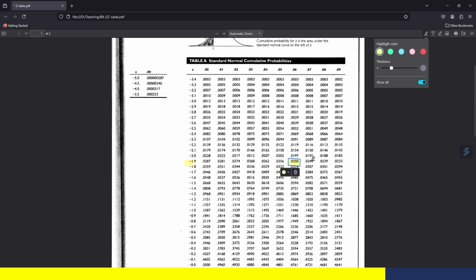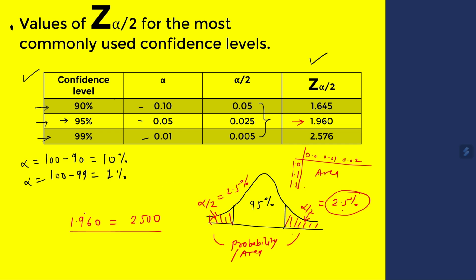If you multiply this by 100, we get 2.5%, right? So 2.5% is our area and this is our alpha by 2. For this particular area, we have a Z score of 1.960. Hope this is clear to all.